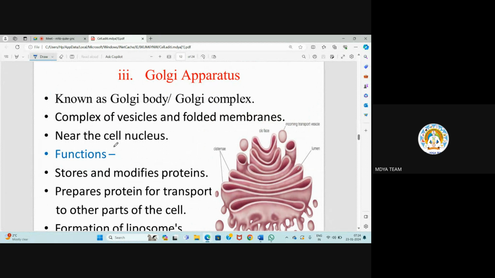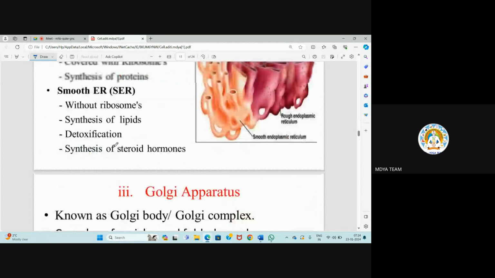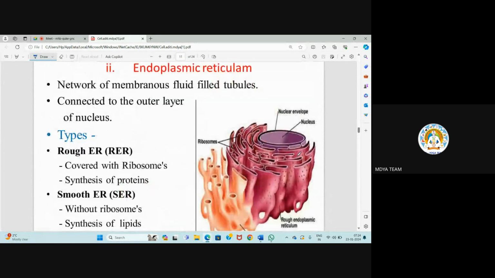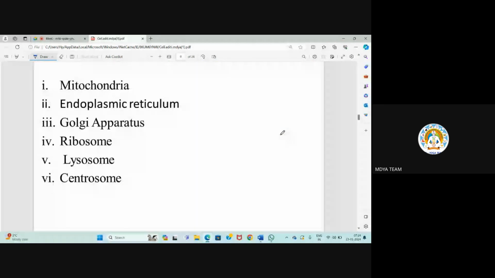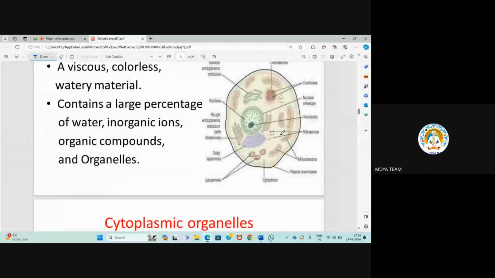So here you can see the Golgi apparatus.